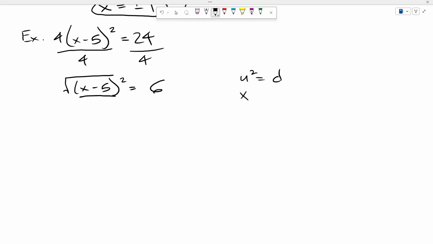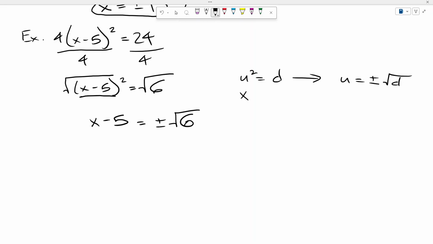So we can take the square root of both sides, and then we'll just be left with x minus 5, and then remember, by virtue of the square root property, we get our plus minus there. So plus or minus the square root of 6. And I think we can just leave the 6 under the square root since it's not a nice clean number. We'll just leave that alone.